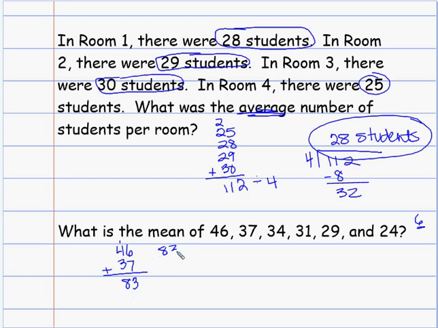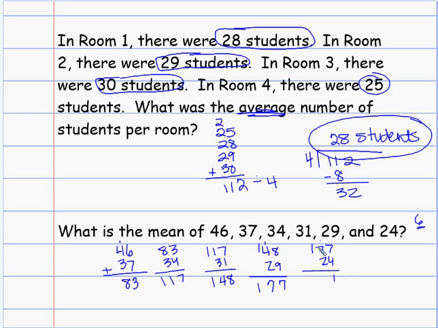So 83 plus 34, 7, 117. 117 plus 31 would be, just a second, there we go, 148 plus 29, 177, and can't forget number 24 down there on the end.